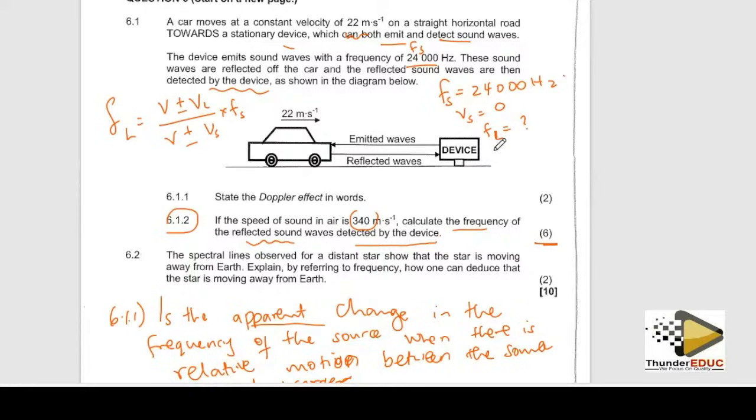Then we need to find the velocity of the listener. We said it's 22 meters per second. And then our V is 340.